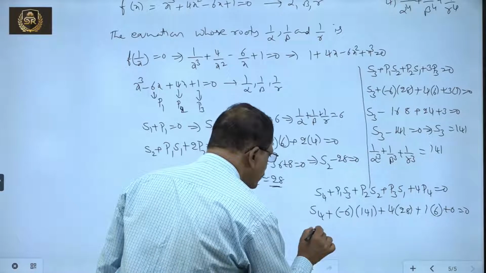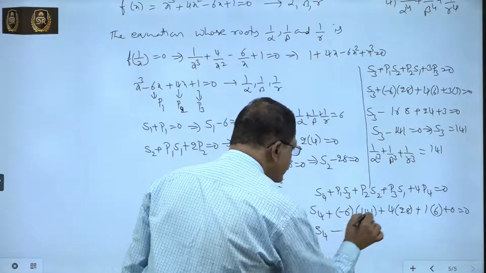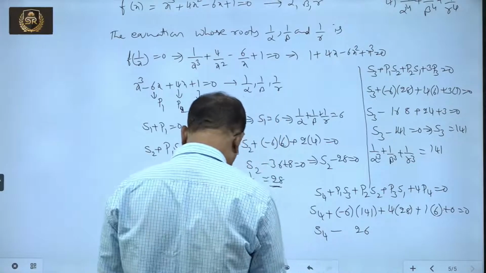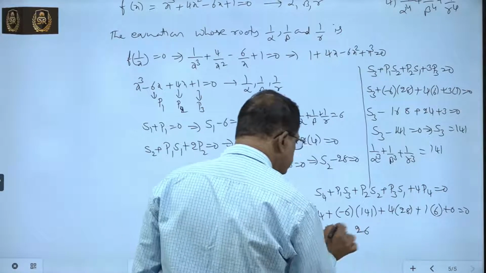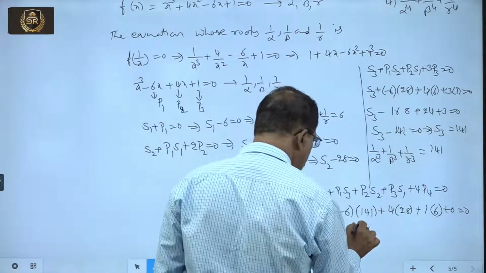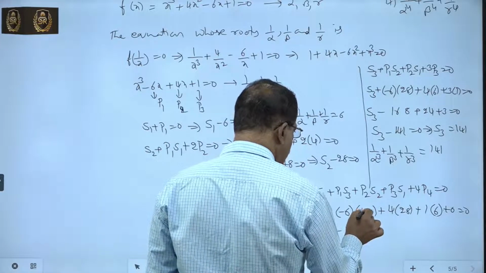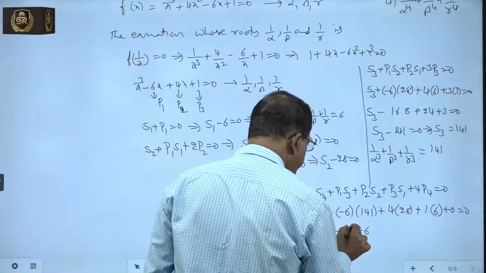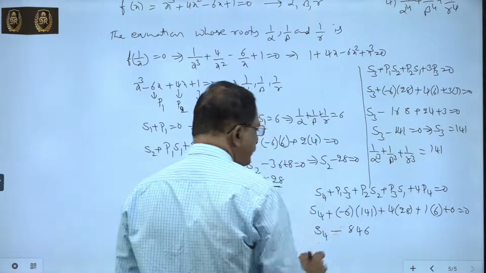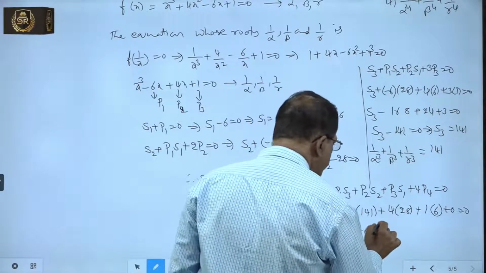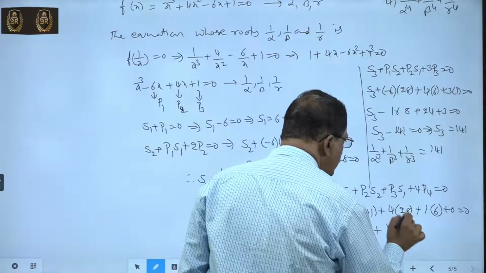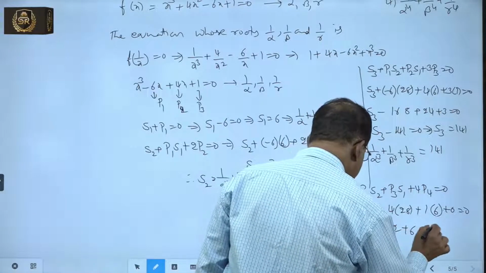Now S4 minus 846 plus 112 plus 6 equals 0.